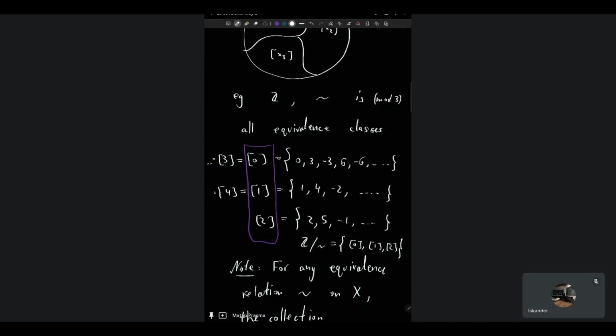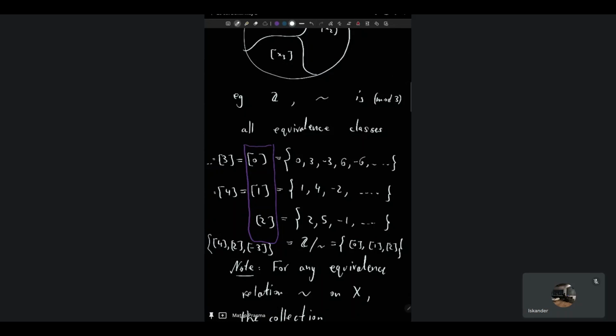Of course, I could also write it as the set of the equivalence class of 4, the equivalence class of 2, and the equivalence class of, what do I have here? This is 1. I need something for 3, so let's make it minus 3. This is the same set, just a different way to write it.